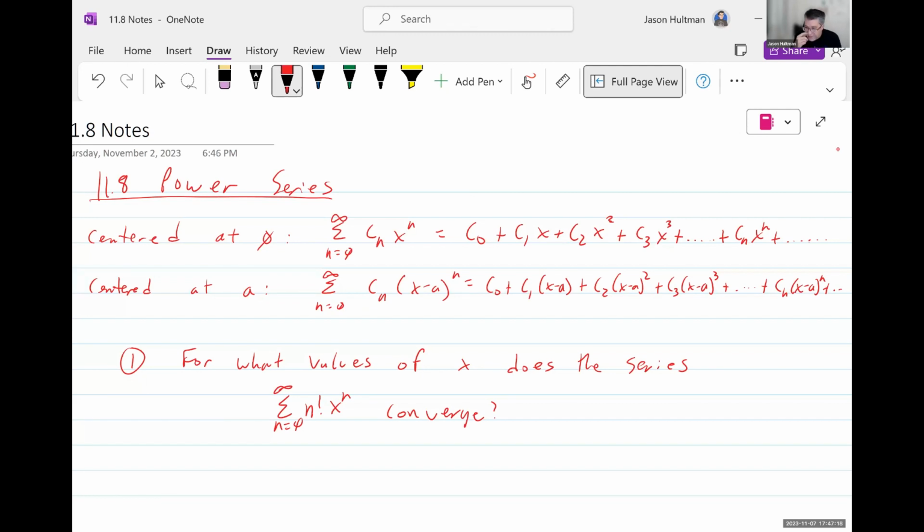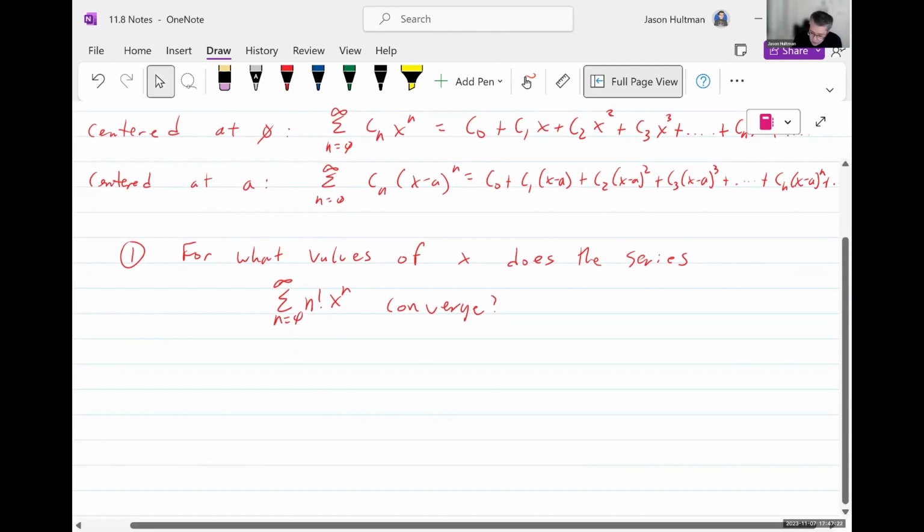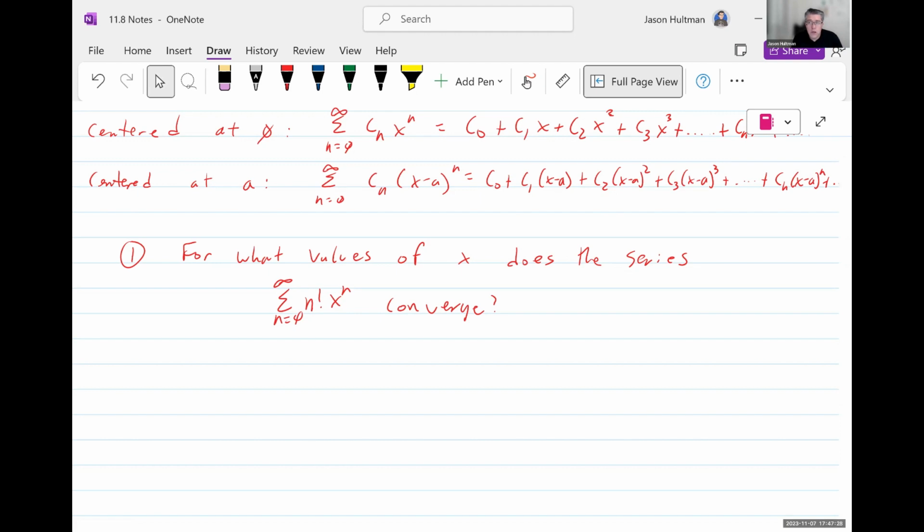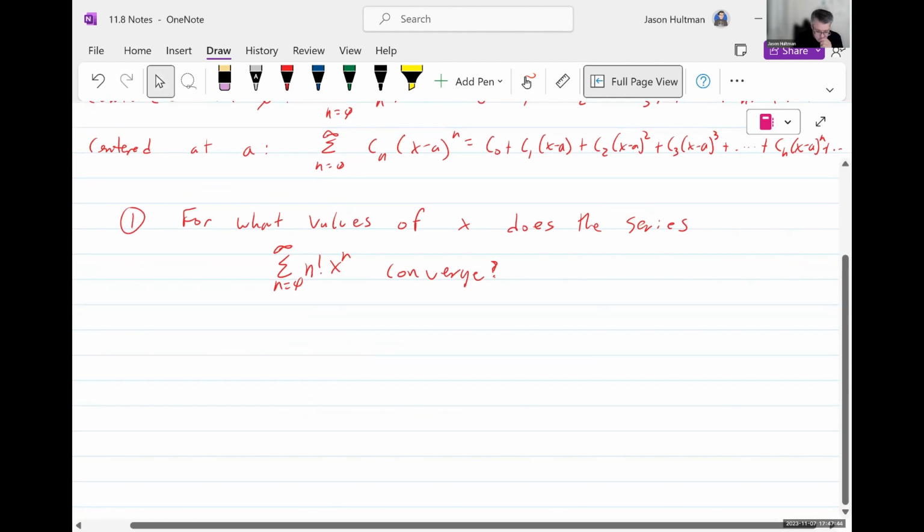Not all the values of x will make this converge. So x could be 2, and it may not converge. If x is 1/2, it may converge. So for what values of x does this thing converge?